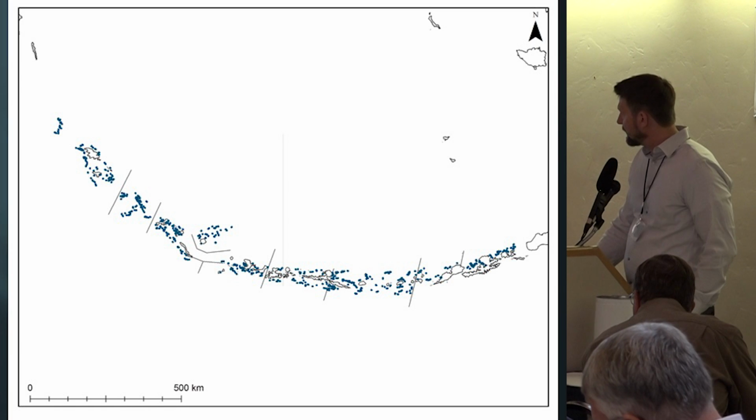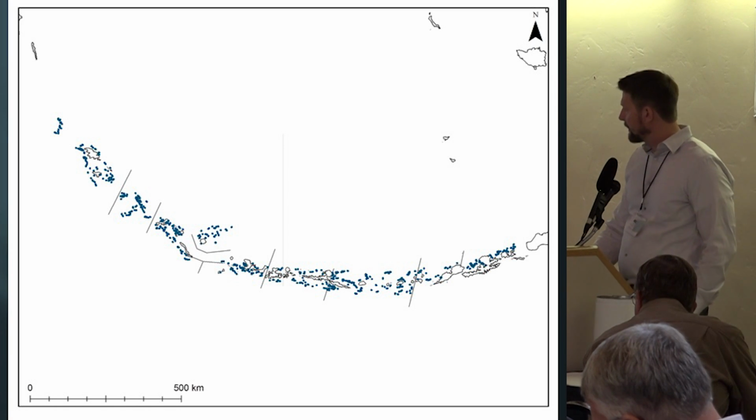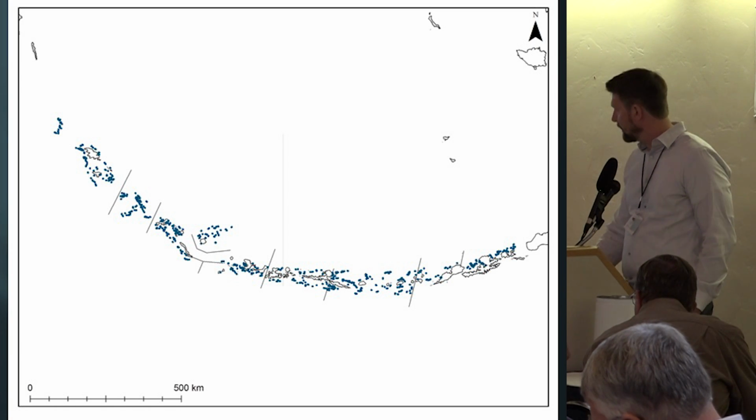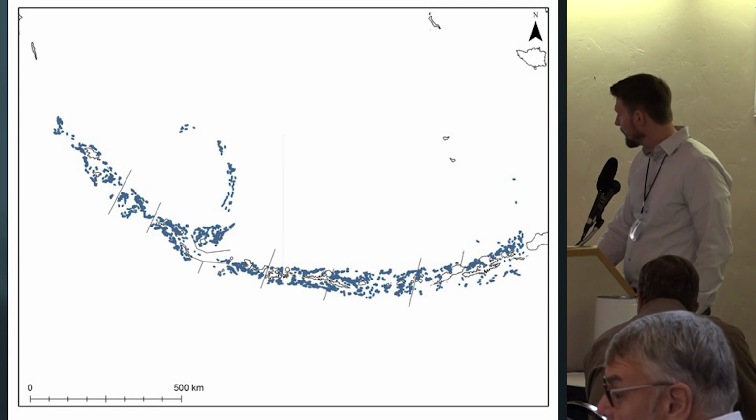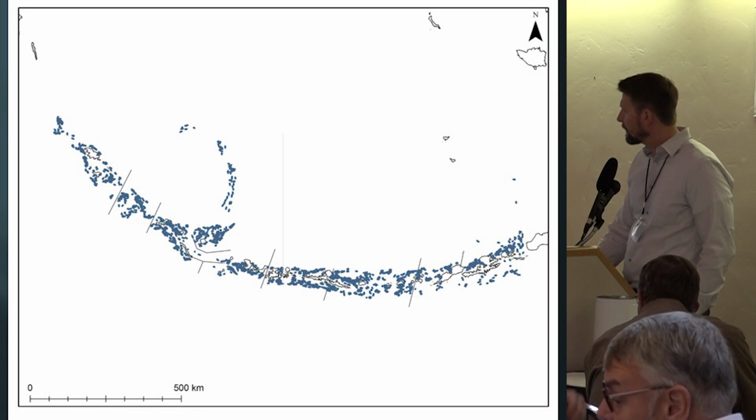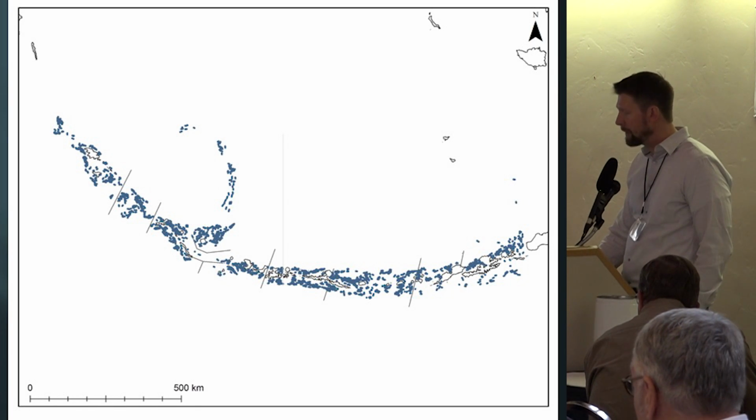And then overlay on that the actual towpath. So these are the towpaths from the 2016 data that were in the system. This is the survey paths over the last 10 years of sampling.